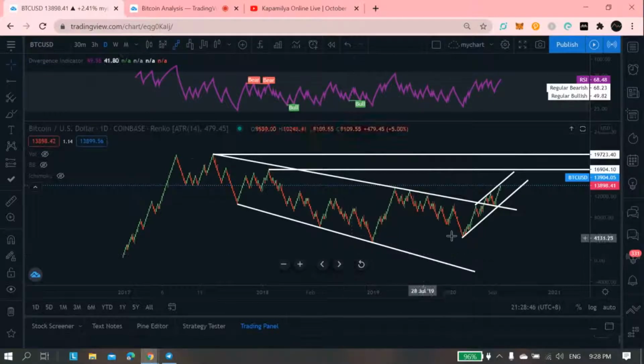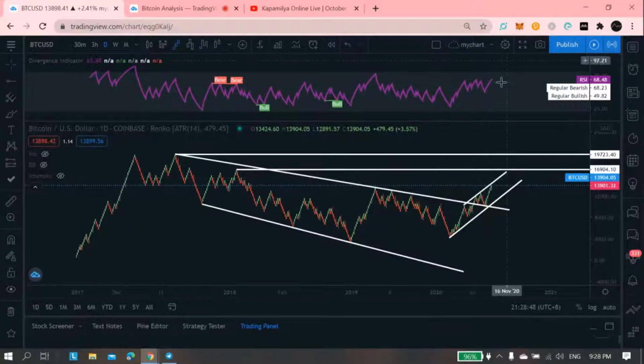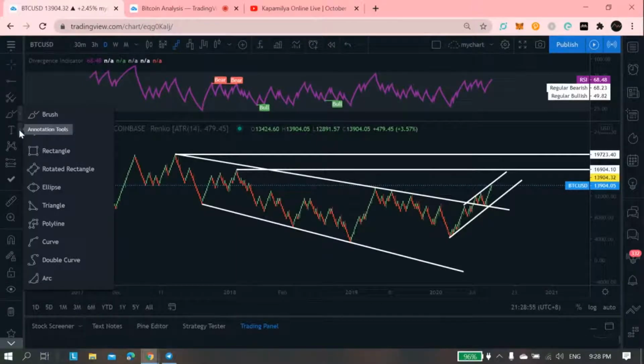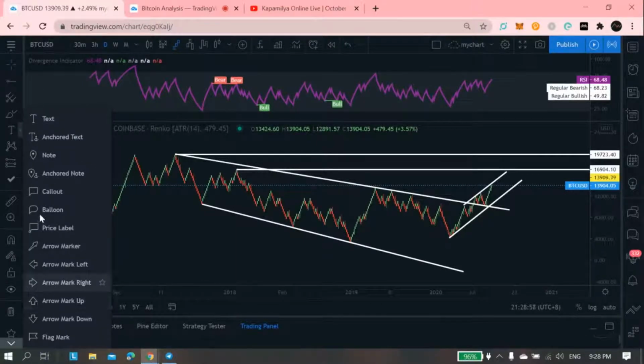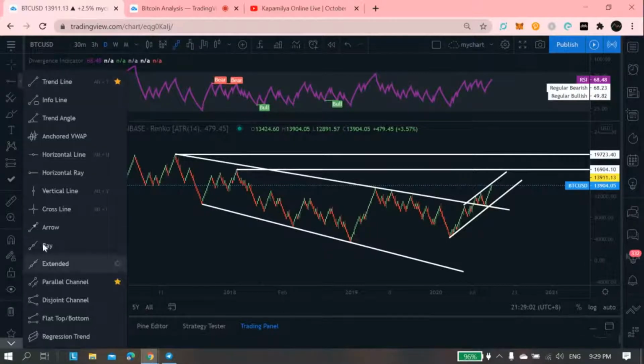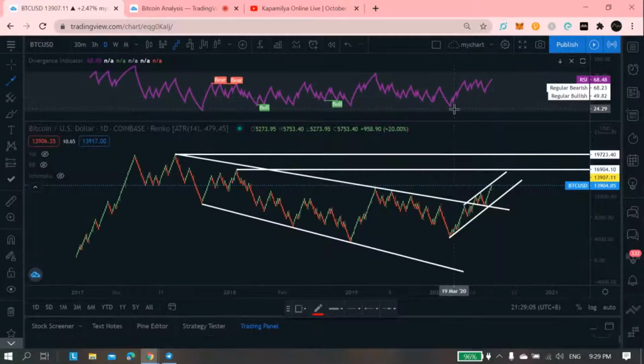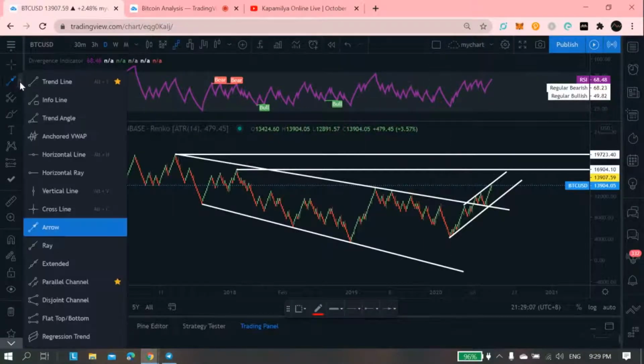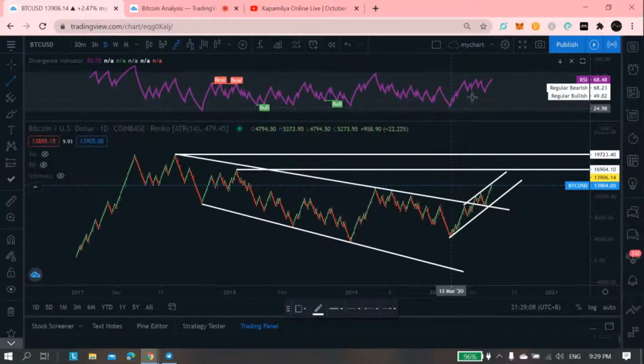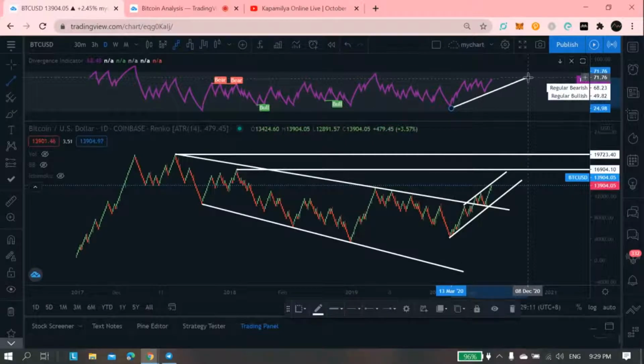So there. And if you look at this divergence indicator, it is still trending higher.